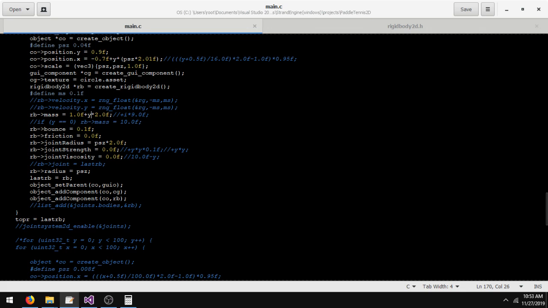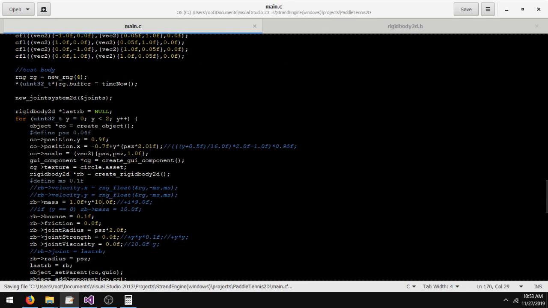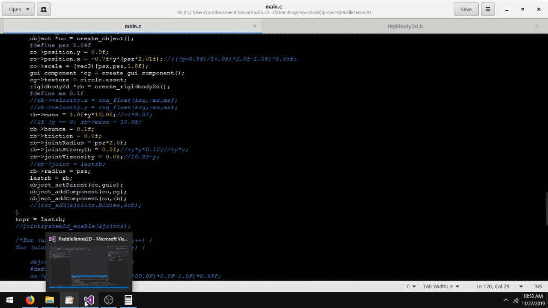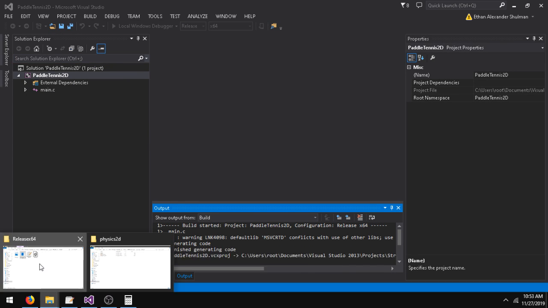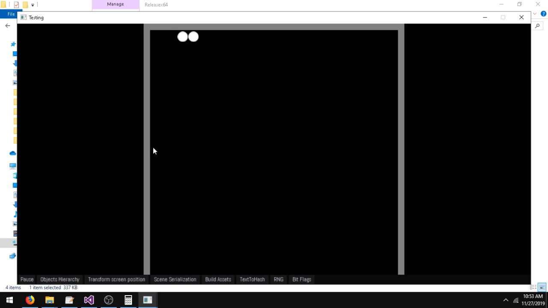I'll try making it 10 times heavier. Oh, I think the one I'm holding is actually 10 times heavier, yeah. That explains why it's not getting moved.